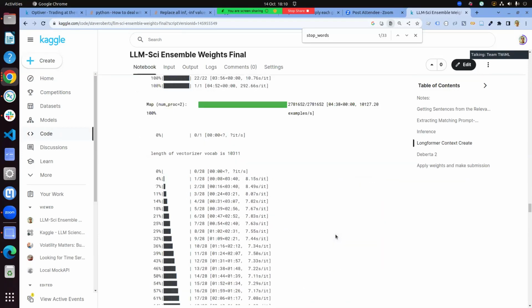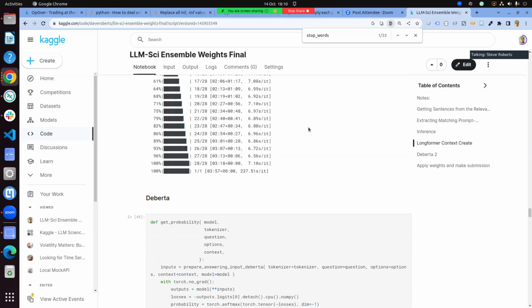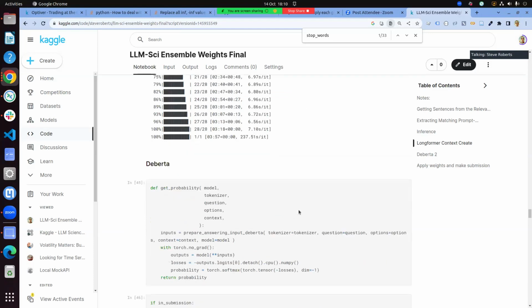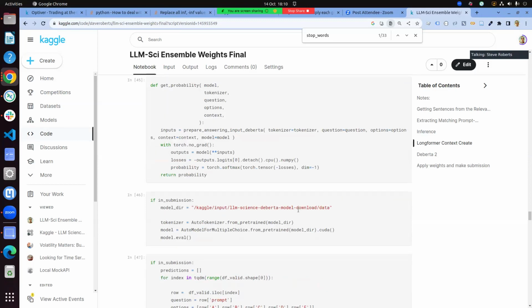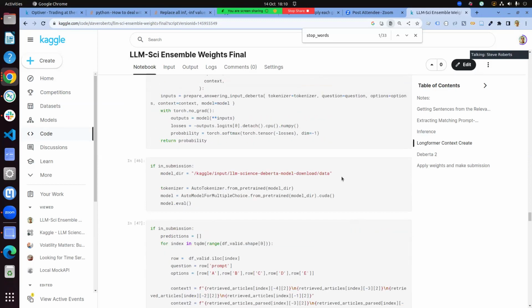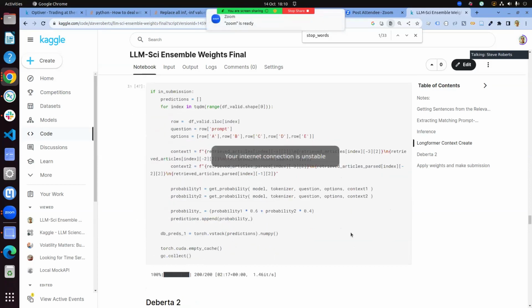So all of that is the context from the Longformer notebook. With that, rather than using the Longformer code, I used the DeBERTa one, which had been trained.